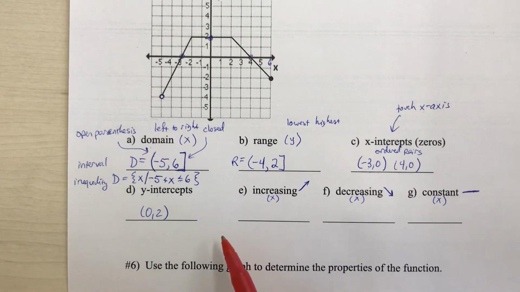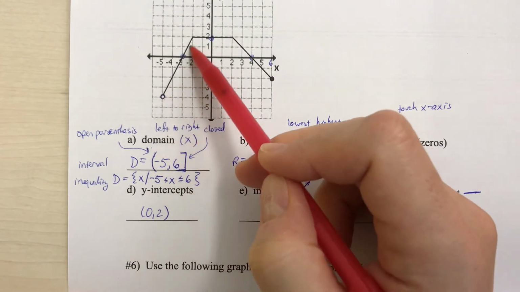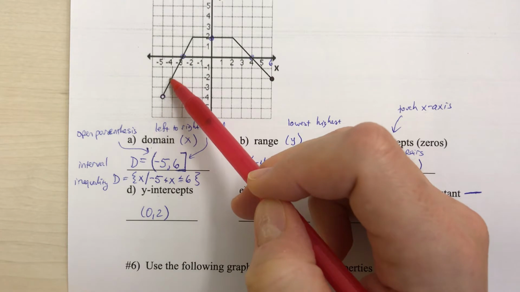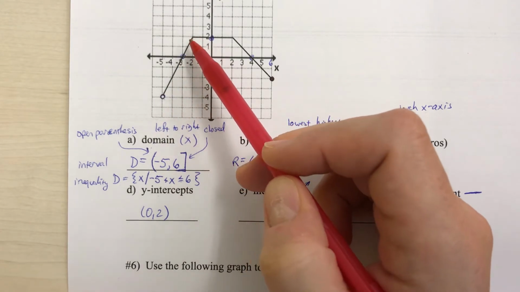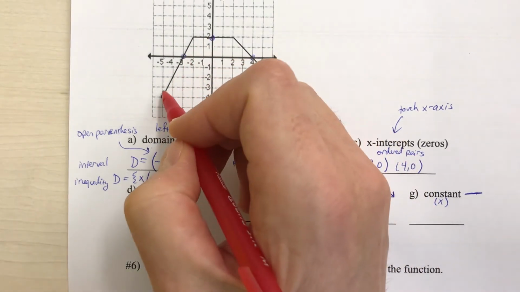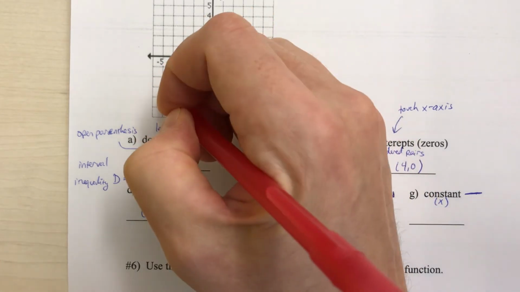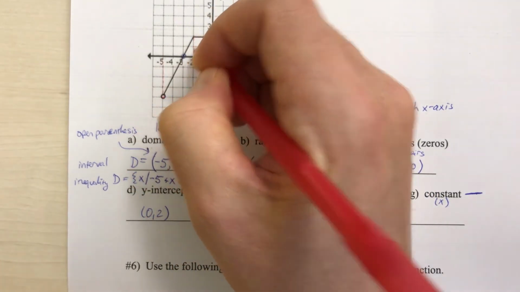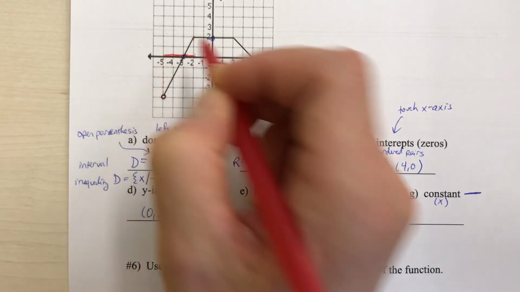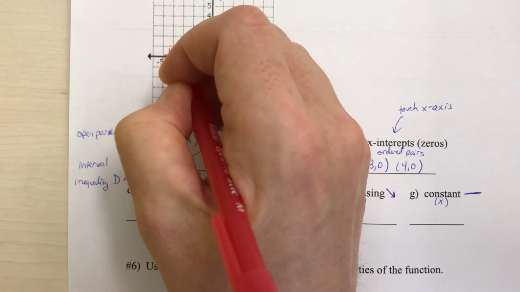Okay, so this is where it gets a little bit confusing sometimes, because when we talk increasing, that would be this first section here. And we think of that, well, from left to right, our function is rising.